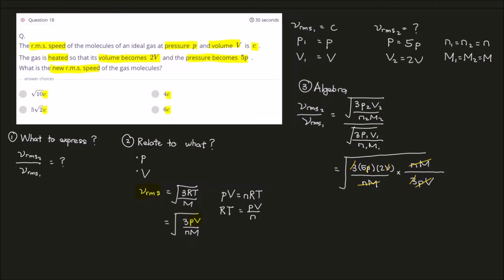What you are left with is the square root of 10. So VRMS2 over VRMS1 is the square root of 10, and VRMS1 is C. So VRMS2 is equal to the square root of 10 times C. That's our answer. Our answer is A.